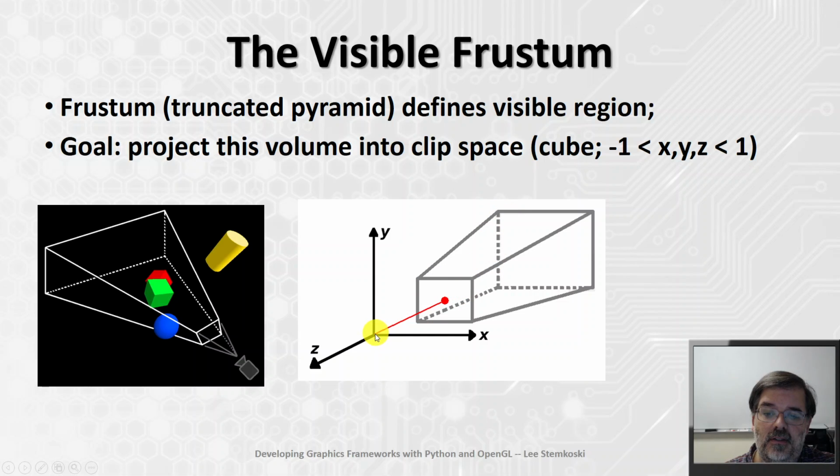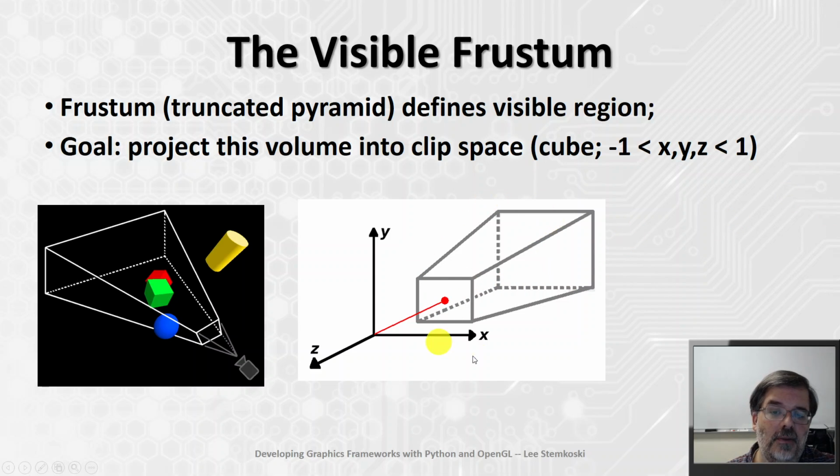The point of the viewer would correspond to the original tip of the pyramid. In particular, if you took these sides of the frustum, these inclined planes, and extended them, they would meet at the origin. The sides closest to the viewer and farthest from the viewer are both rectangular shapes.